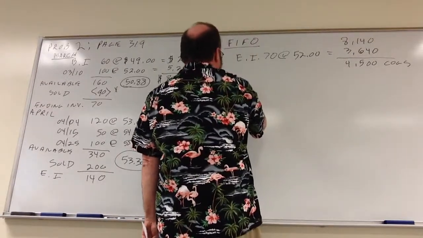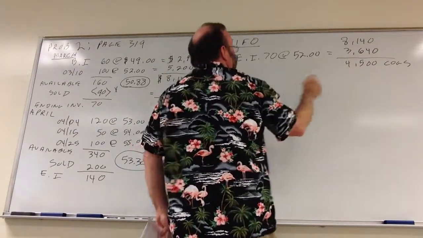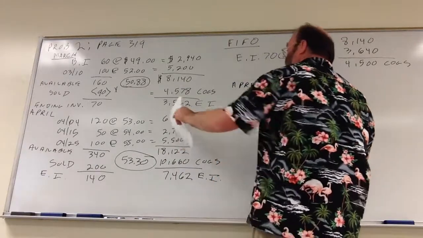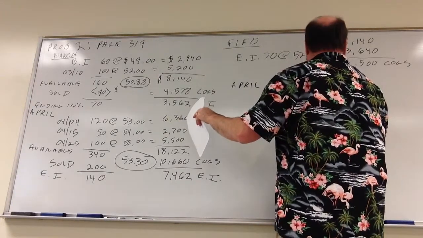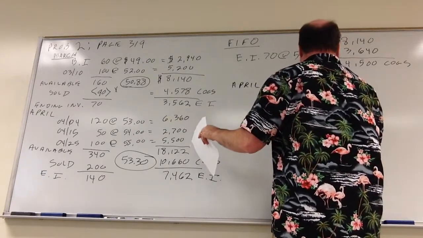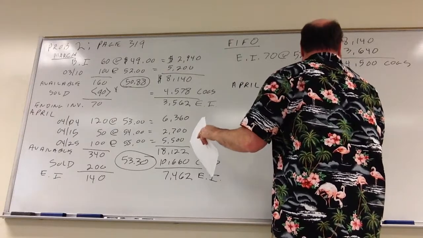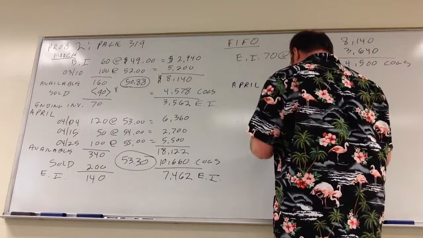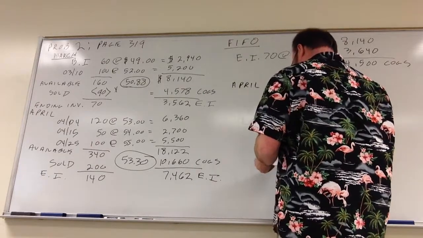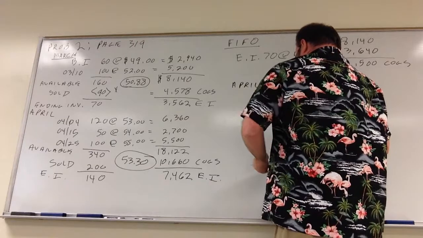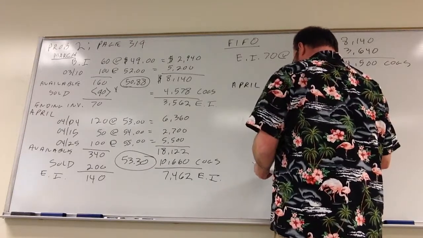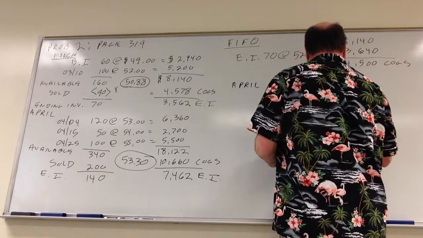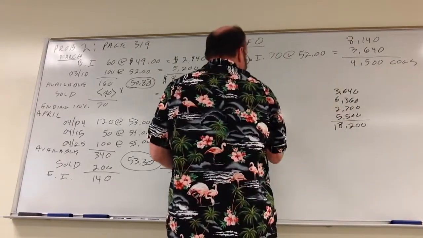So in April, we have to start with the $3,640, add in the $6,360, the $2,700, and the $5,500, and add all that up, and now we get, let's see, beginning inventory, there we go, 18,200. We still have 340 in total.